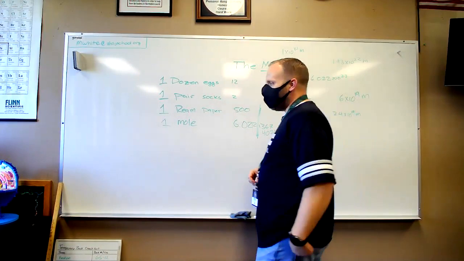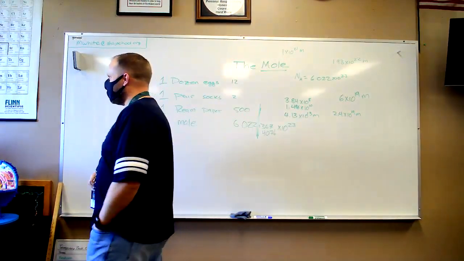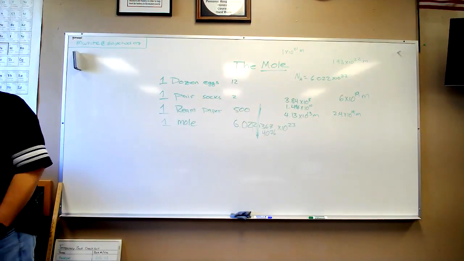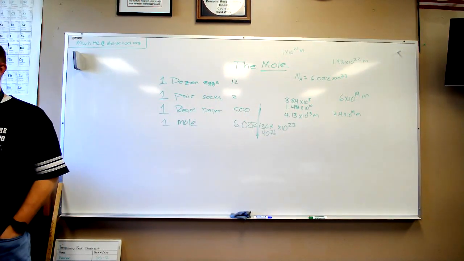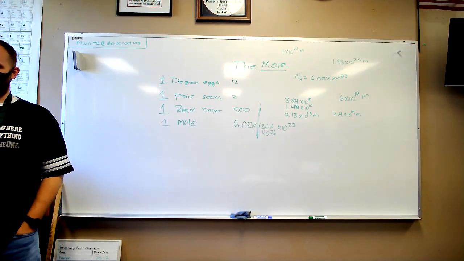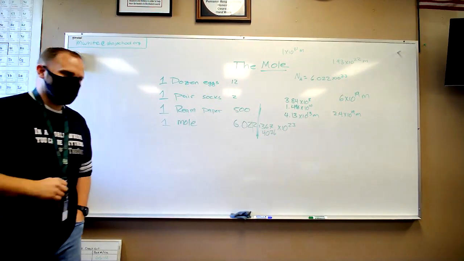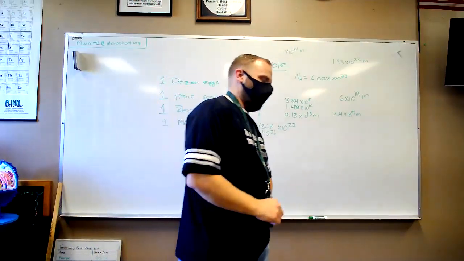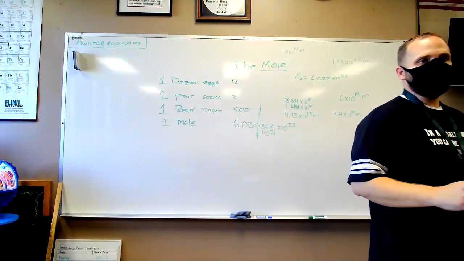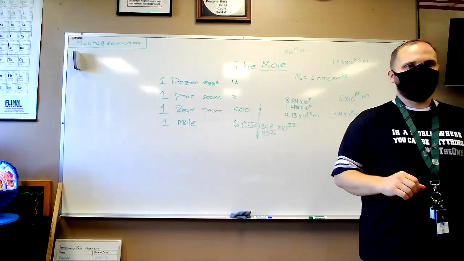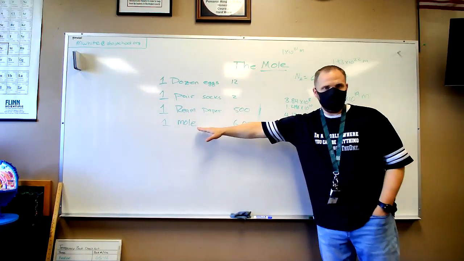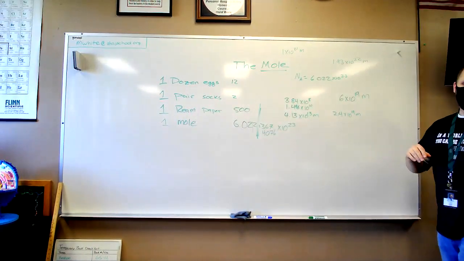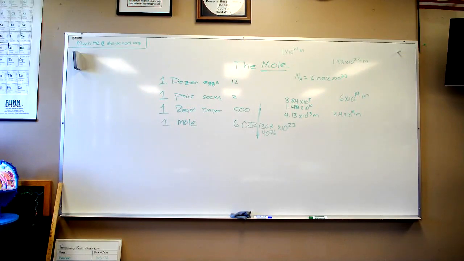If you have 1 mole of oxygen molecules, how many oxygen molecules do you have? 6.022 times 10 to the 23rd. Okay. So every kind of something has the same number. Anytime you're dealing with a mole, it is the same number.